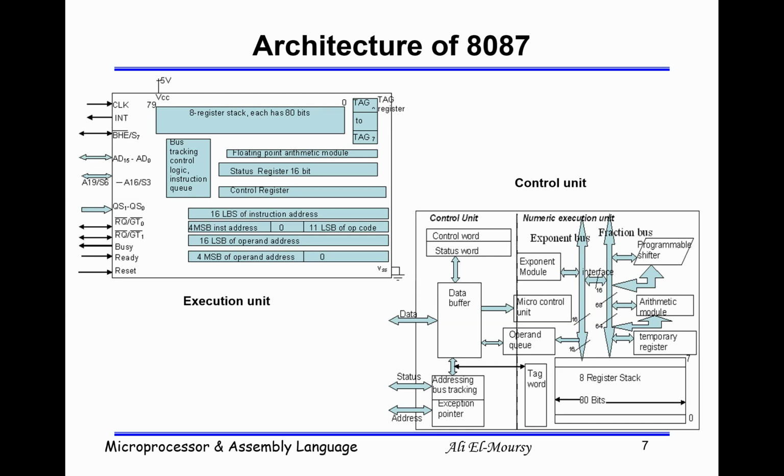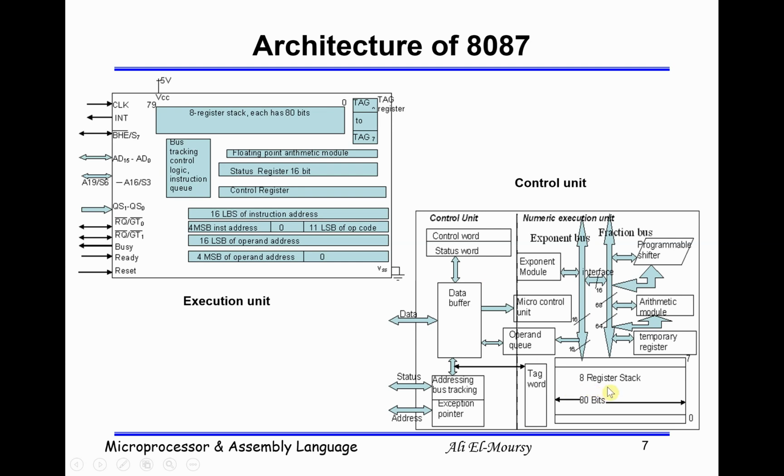Slide number 7 here is showing the execution unit and the control unit for the 8087 processors. A lot of details are mentioned here. However, we will not go over all of those details. Again, I don't want you to memorize them, but these pictures show you some of the internal structures and details of those processors.